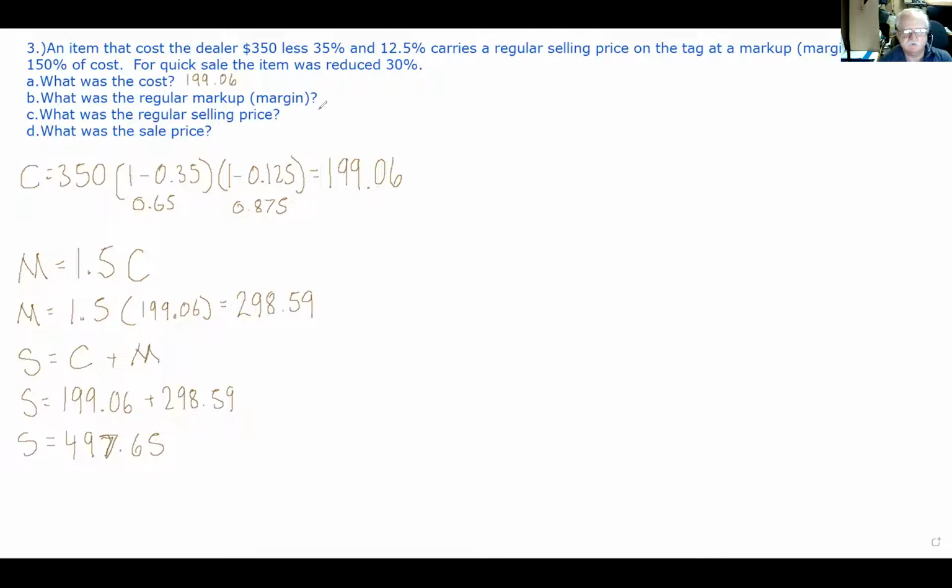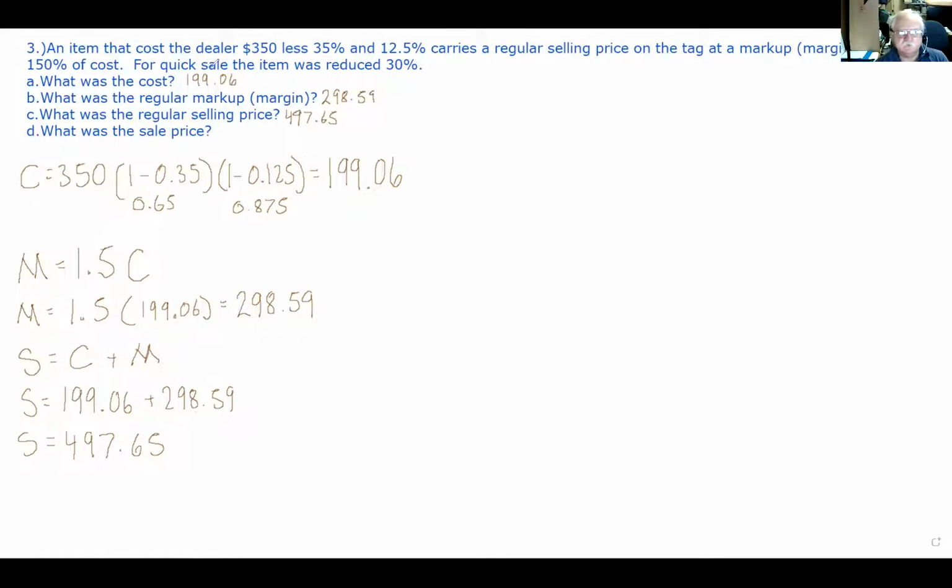That's the weirdest looking 7 I've ever done. Let's see if I can fix it. So in terms of A, B, C, and D up here, our markup margin turned out to be 298.59, and the selling price was 497.65.